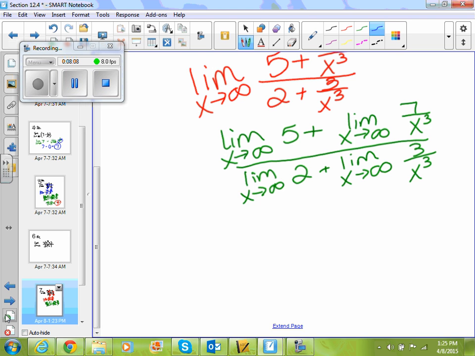Okay, so let's simplify. What's my limit as x approaches infinity of 5? 5. What's my limit as x approaches infinity of 7 over x cubed? 0. My limit as x approaches infinity of 2? 2. And my limit as x approaches infinity of 3 over x cubed? 0. 5 plus 0 is 5. 2 plus 0 is 2.